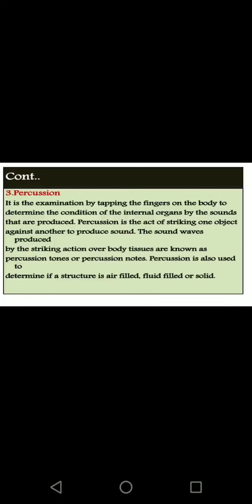Third is percussion. It is the examination by tapping the fingers on the body to determine the condition of the internal organs by the sounds that are produced. Percussion is the act of striking an object against another to produce sound. The sounds produced by striking over body tissues are known as percussion tones or percussion notes.